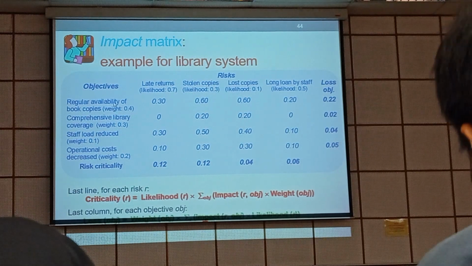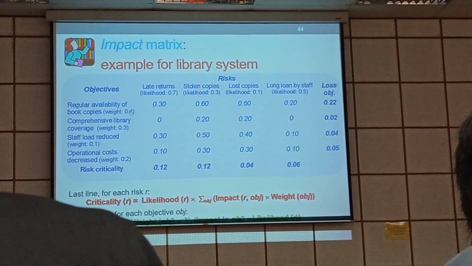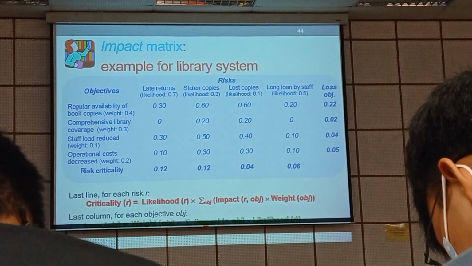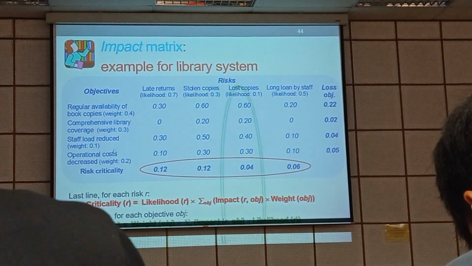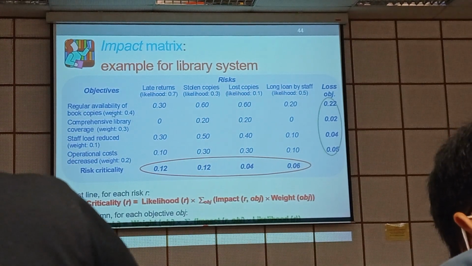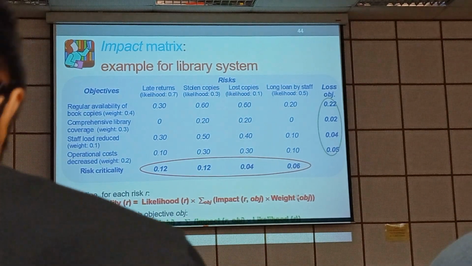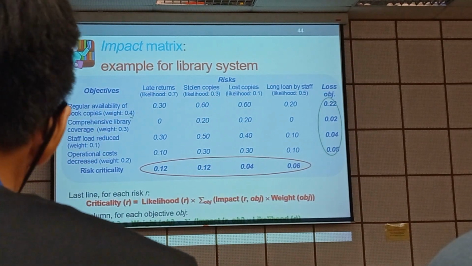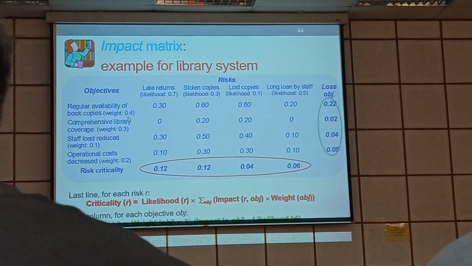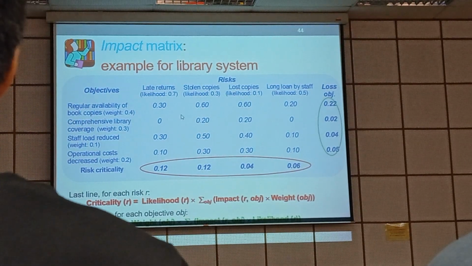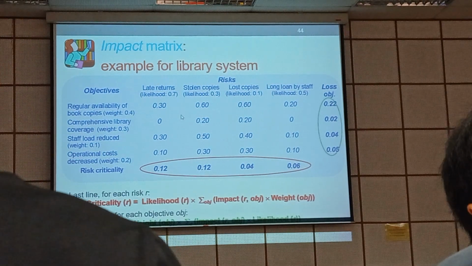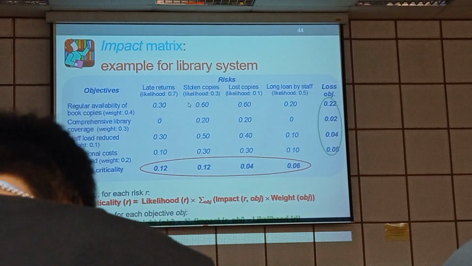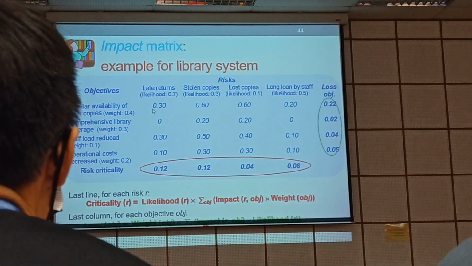Okay, I show you one example, class, listen. I'm doing the criticality for the first one. The weight is 0.4, multiplied with the impact. The value in the middle is the impact. So 0.4 times 0.3 is 0.12.